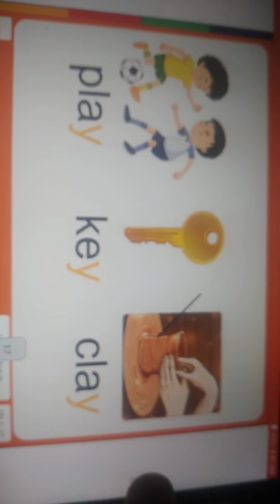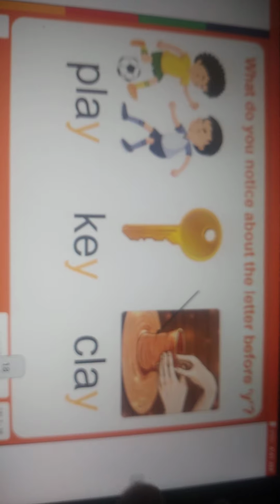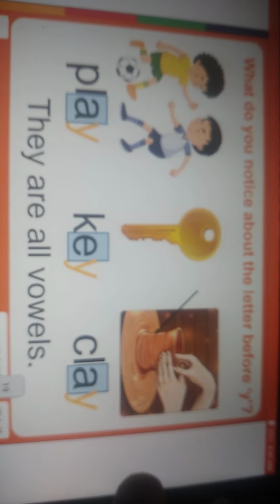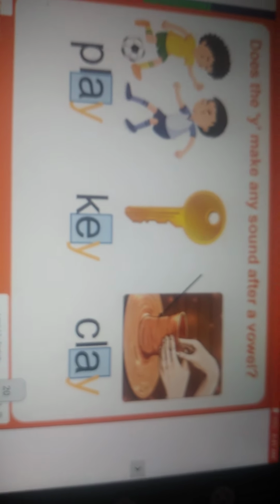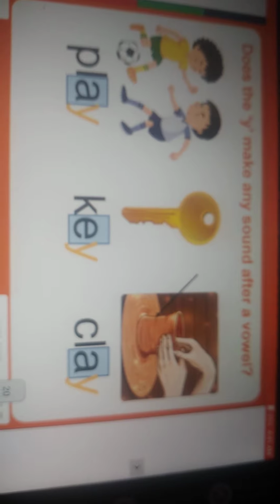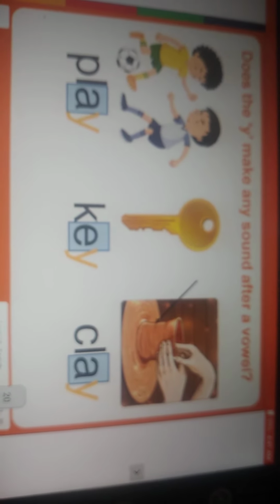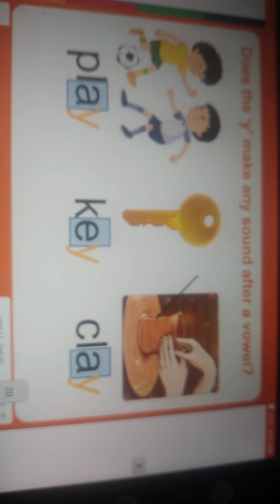Play, key, clay. So where is the letter Y here, children? Yes, at the end of the word. But look at it. Before Y, all the words carry a vowel letter: A, E, I, O, U. Now pronounce it.